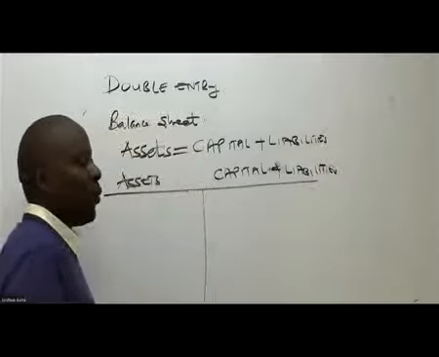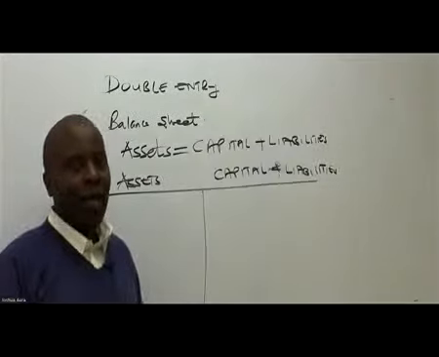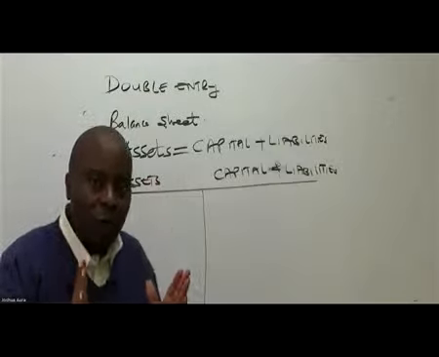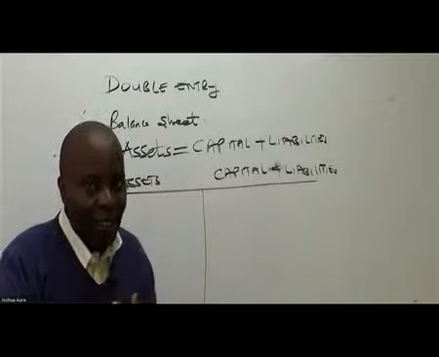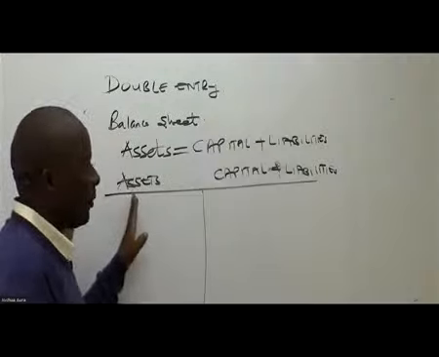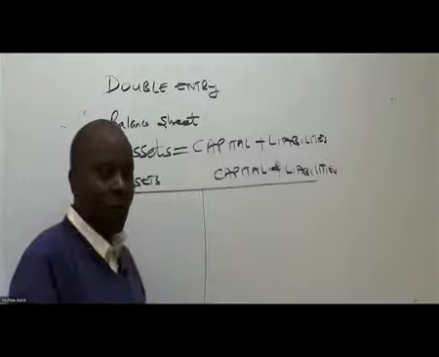So anytime we procured an asset, for example a motor vehicle, which is our asset, we would put it here. And then we would ask ourselves, how was this asset financed?